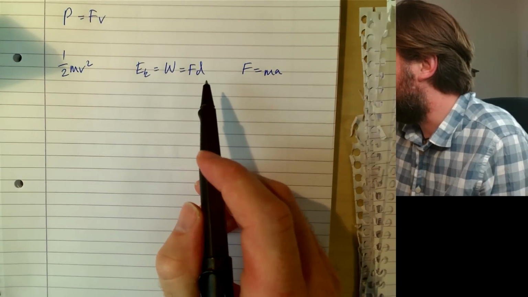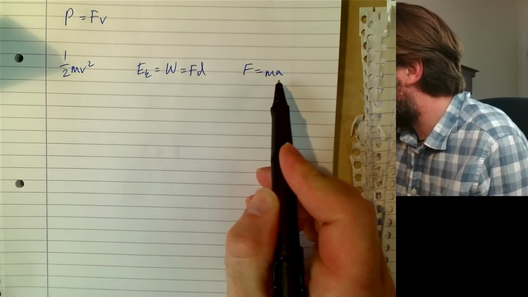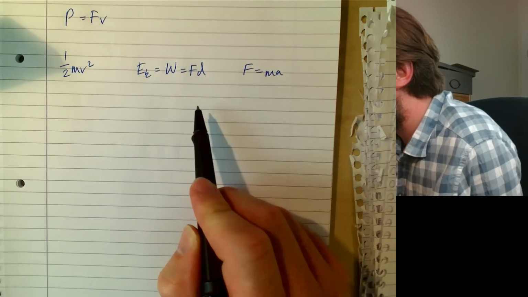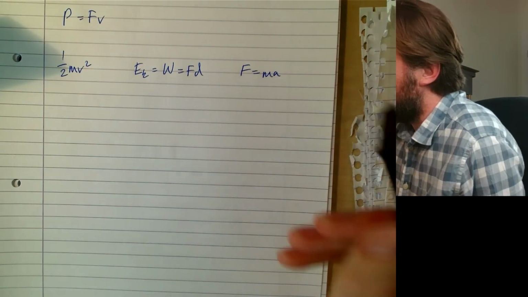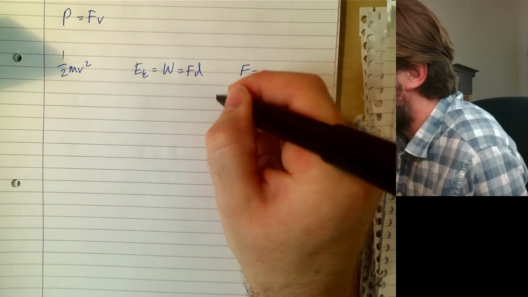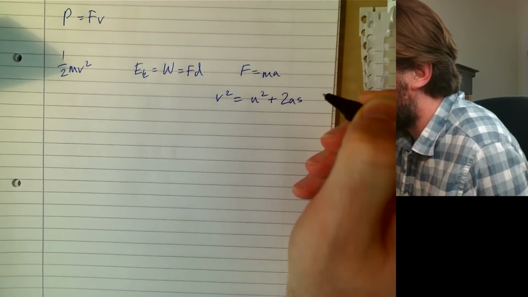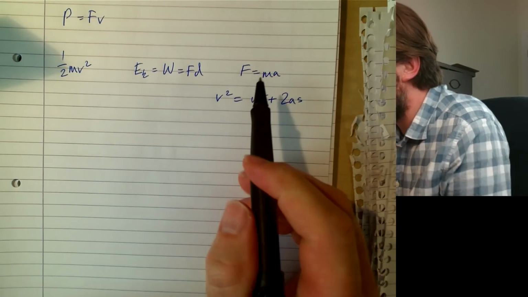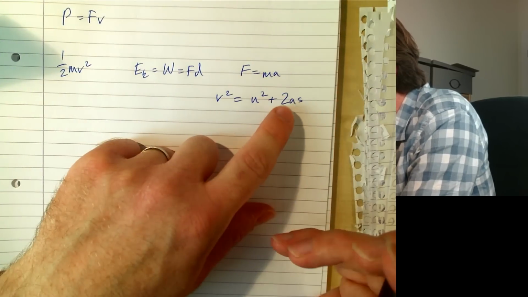And before you do anything, you need to get to v squared in there, don't you? So you need to rearrange this for a. Using this one, v squared equals u squared plus 2as. u is 0, considering we've accelerated this to this speed v with a constant acceleration.